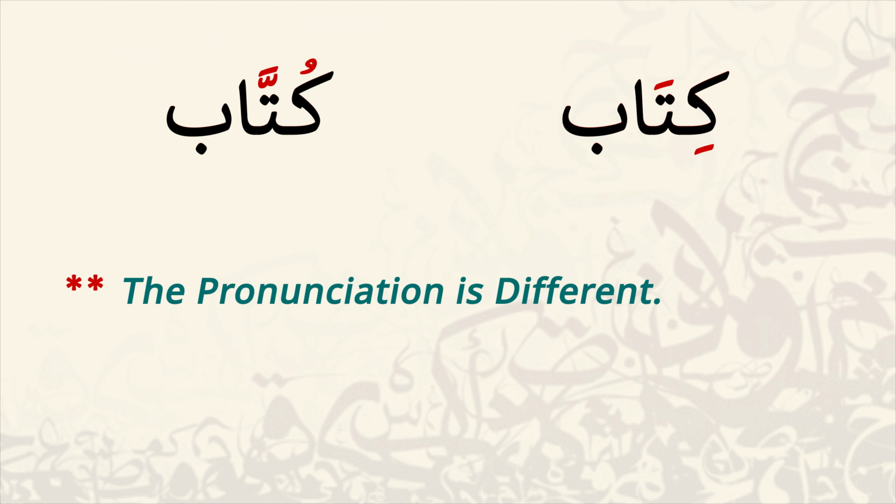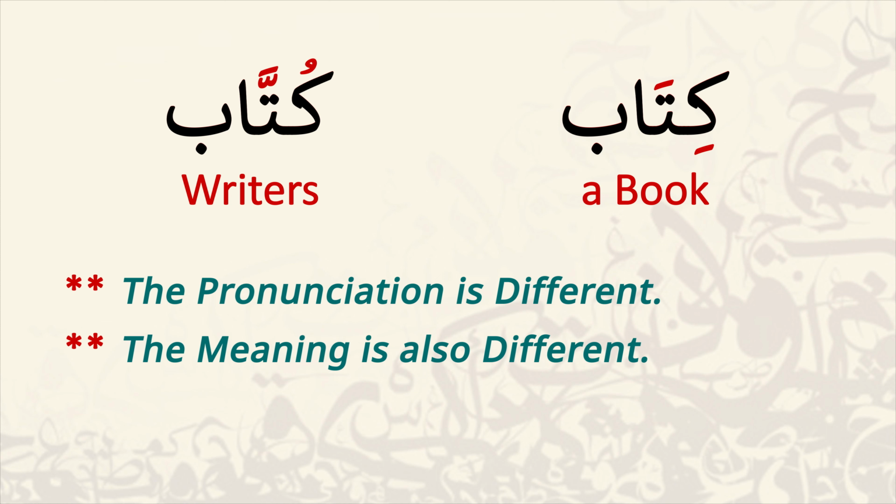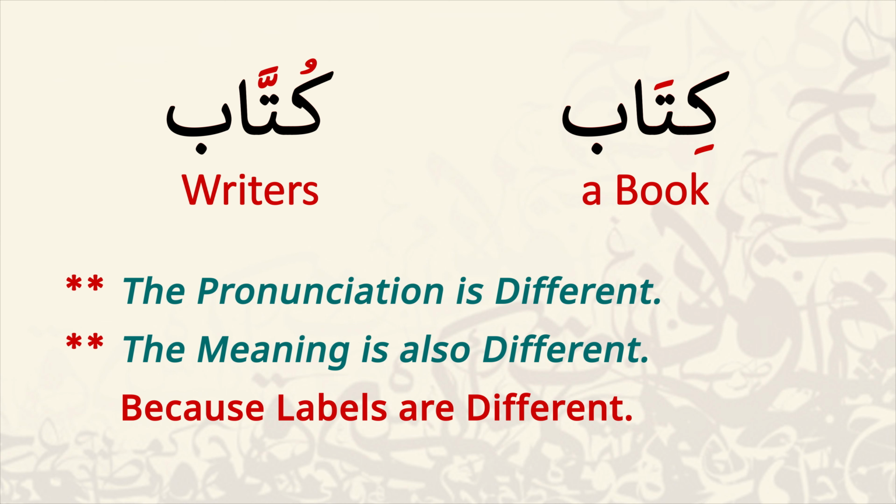As you see, the pronunciation is different. What about the meaning? The first one means a book, while the second one means writers. So despite the two words having the same shape, the same letters, the same construction, because the labels al-harakat are different, the pronunciation is different and also the meaning.